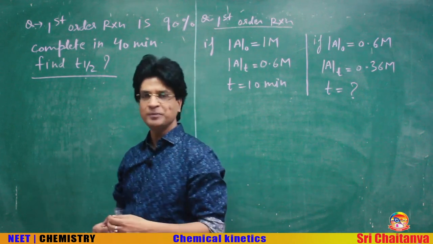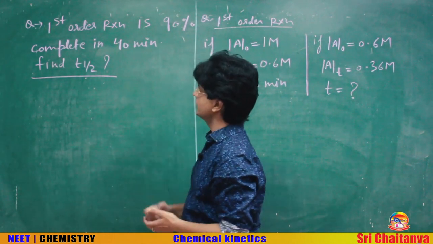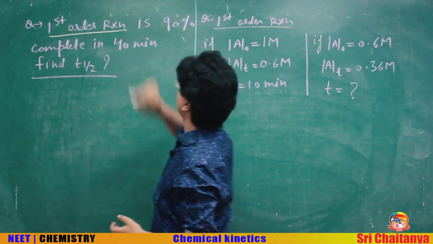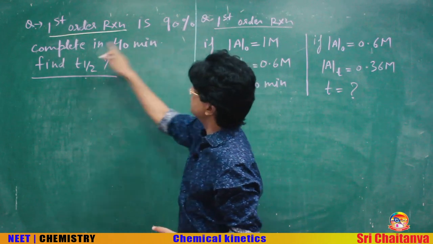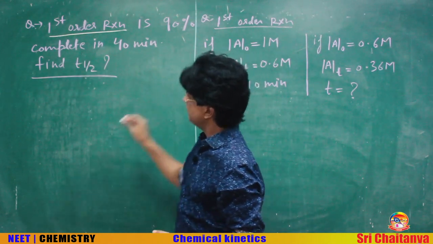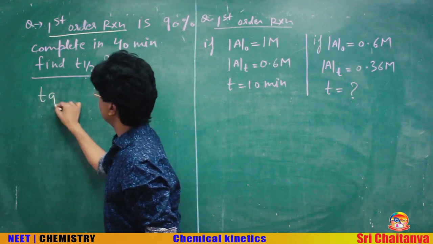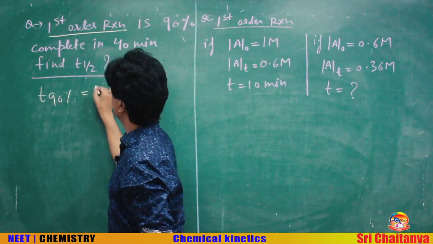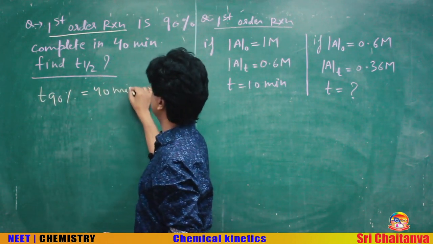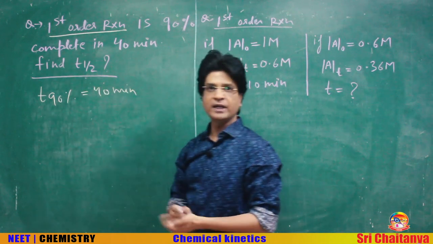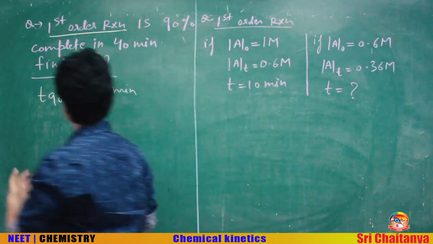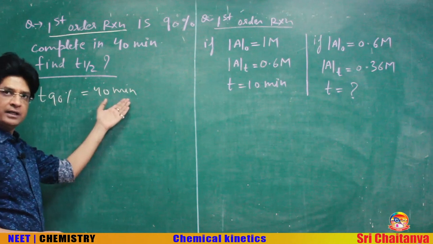Okay, students, come and let's solve this question. This is the first order reaction and they're saying that it is 90% complete in 40 minutes. That means they have given you T 90% equal to 40 minutes. They're asking you half-life. So you all know the relationship between T 90% and T half.